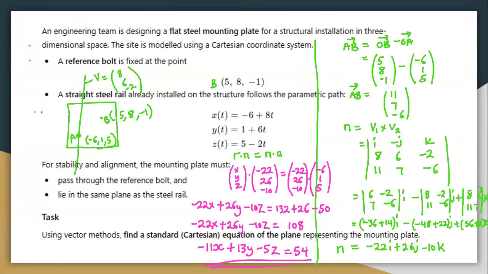Now remember, the answer will be the same. Remember, we said that when it comes to cross product, vectors can be going away or vectors can be coming at the same point. Yes. Thank you. You'll get the same answer.